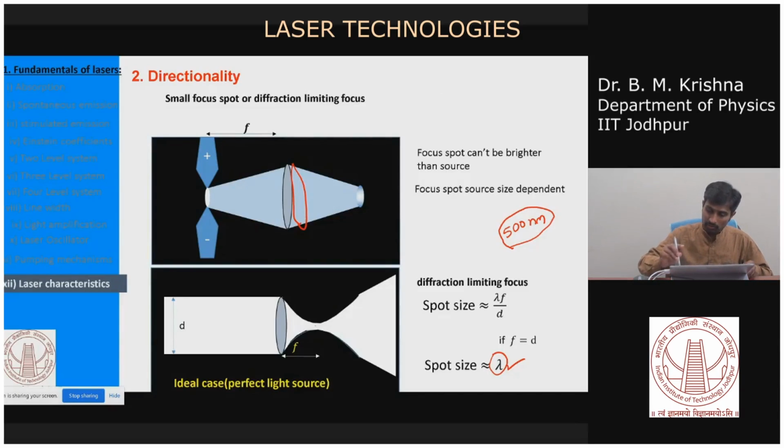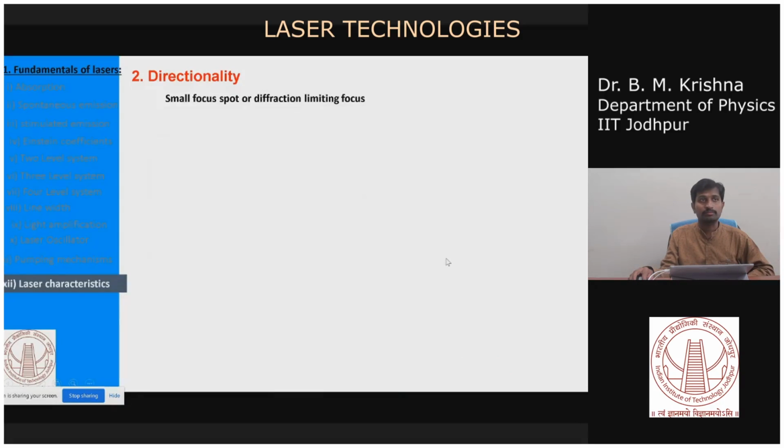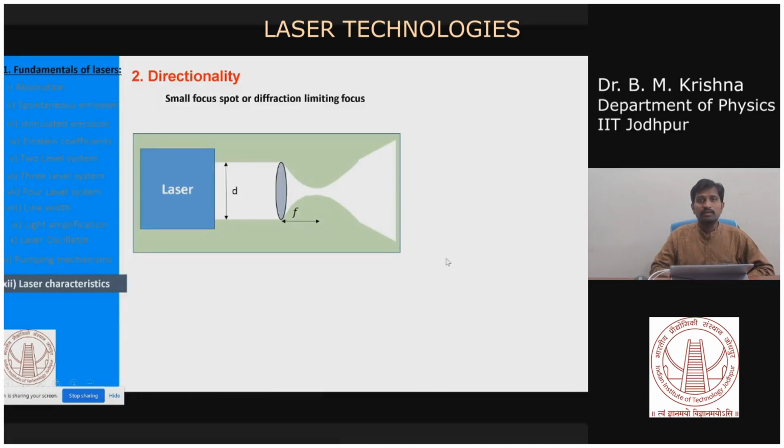Now we can get almost close to an ideal source using our laser system. Your laser delivers light with a beam size of D, and you can focus up to almost the wavelength of the light. That means you can focus to very tiny spots, which is a further advantage of the laser beam.